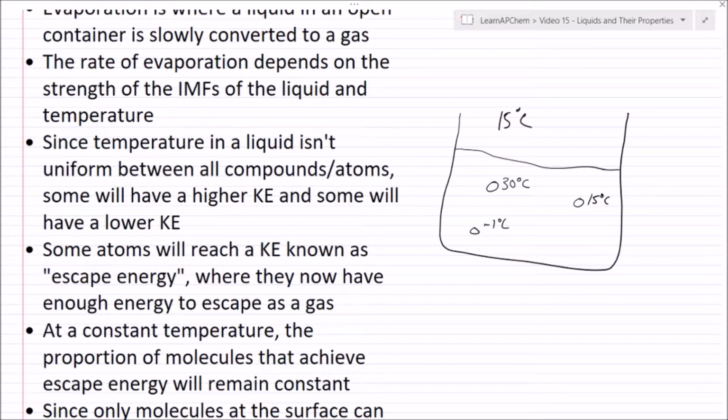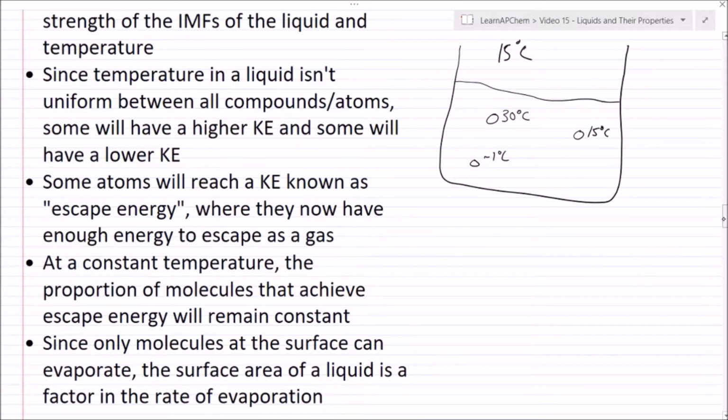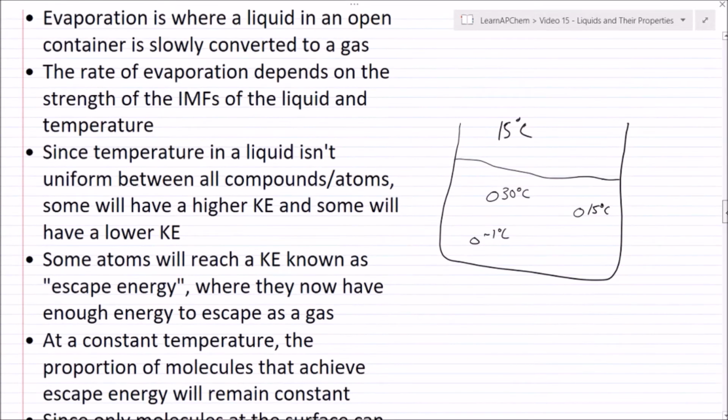Now, some of these atoms with higher kinetic energies will reach what's known as escape energy, where they now have enough energy to escape as a gas. So let's say here that our escape energy is 20 degrees Celsius, then this atom right here can now evaporate.